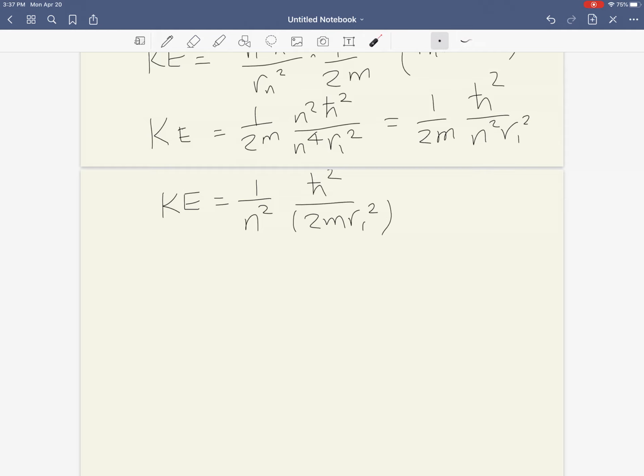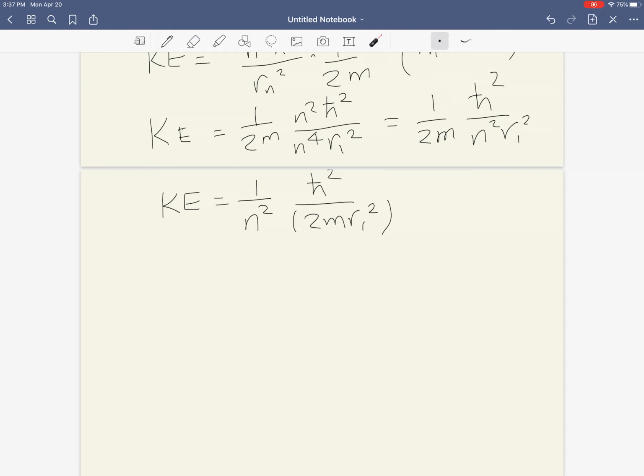And once again, you notice that h is a constant, therefore h bar is a constant, 2 is a constant, the m here is the mass of the electron, that's a constant, the Bohr radius, that's a constant. So the whole thing here is a constant divided by n squared.